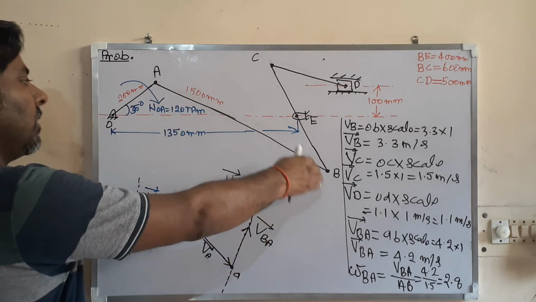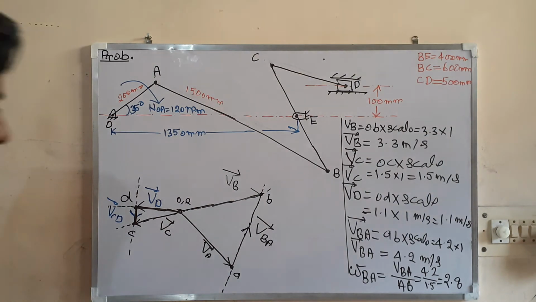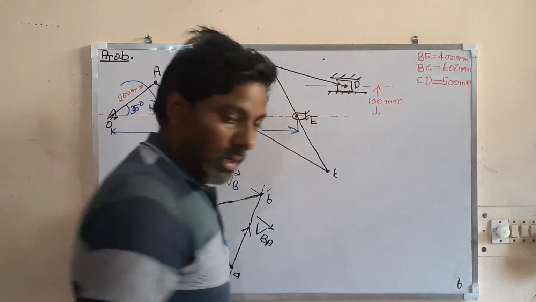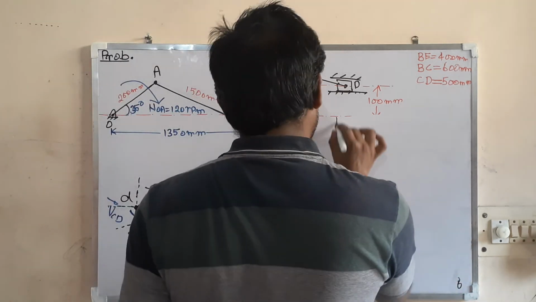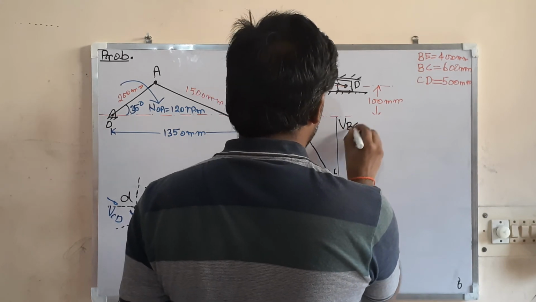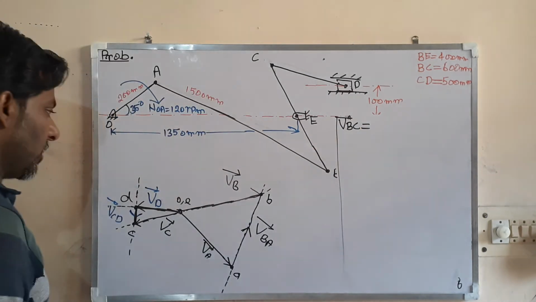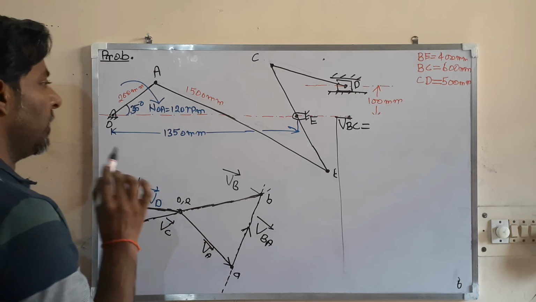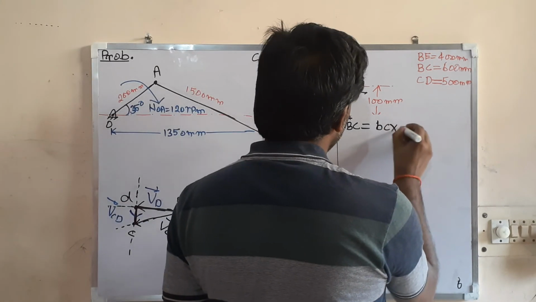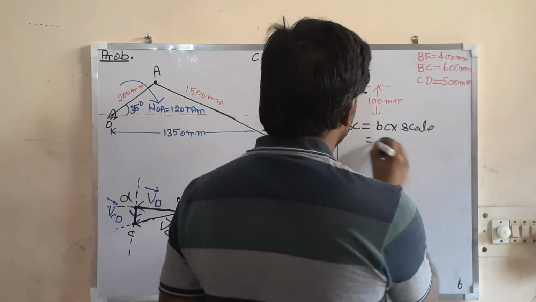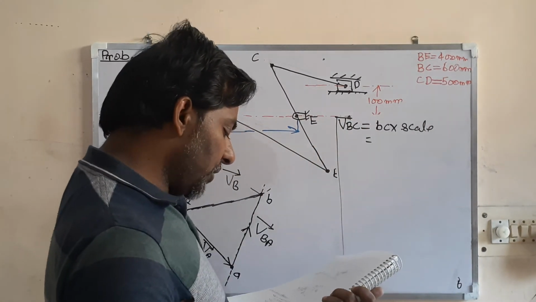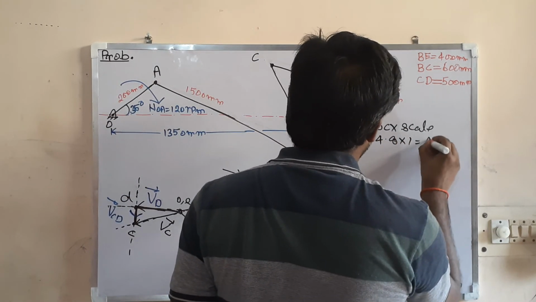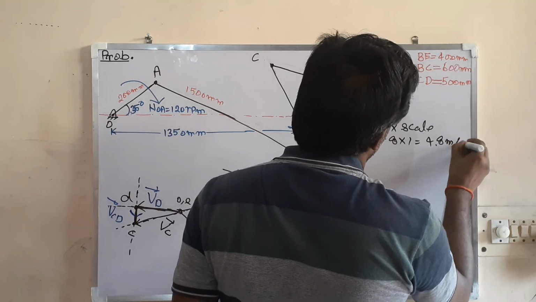Now I am going to find the angular velocity of link BC. For that you need VBC. Look at where is point B. This is point B, this is C. So from B to C will be VBC. So BC into scale. BC is 4.8, and the scale is 1, so I am getting 4.8 meter per second.